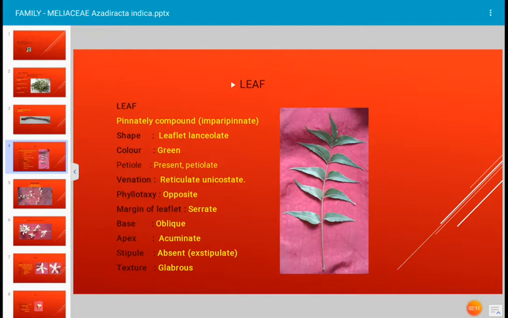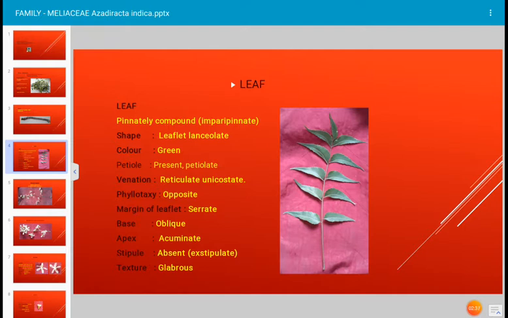That means in the complete leaf there are an odd number of leaflets. Hence the leaf is described as imparipinnate compound leaf, and this type of leaf occurs in Azadirachta indica, family Meliaceae. The shape of the leaflet is lanceolate, lance shaped.